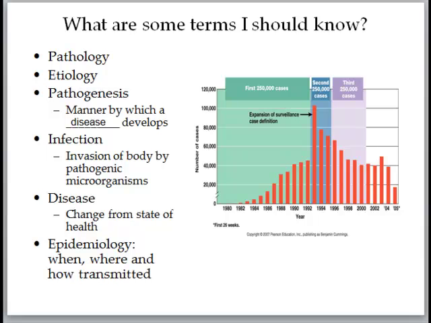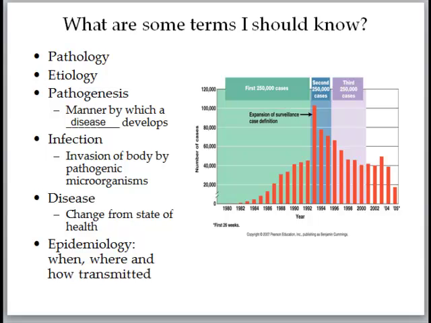For example, if you have a sore throat, that is caused by an infection of certain organisms such as S. aureus in the throat, which then causes the change of state, a sore throat or fever and so forth. Disease is an abnormal state in which the body is not properly adjusted to perform certain normal functions.